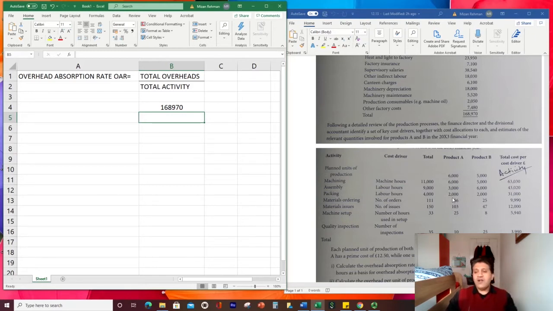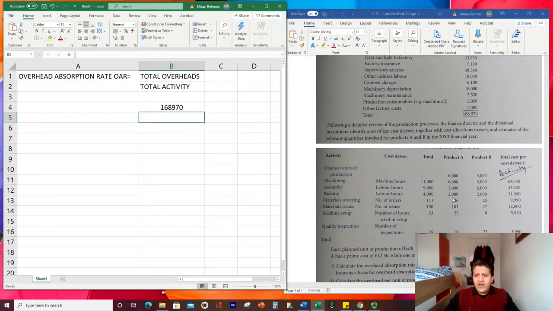It's totally dependent on the accountant. They can decide which activity is more relevant or more appropriate to absorb the overheads. And normally it's the activity which is more expensive and which is more prominent. And in this case, we can see that machine hours are a bit more important.